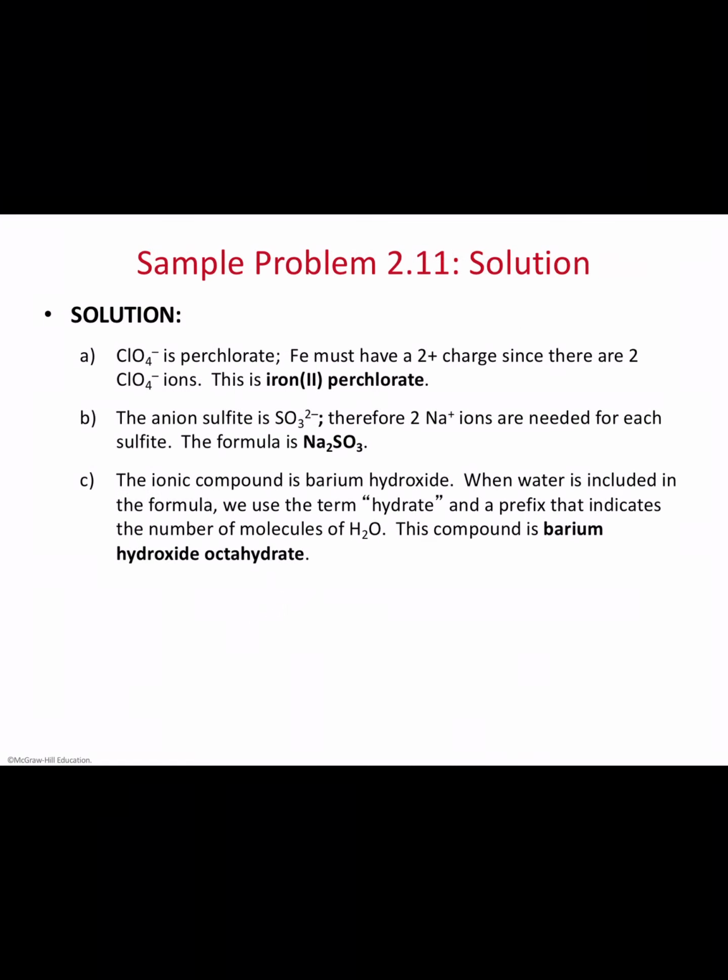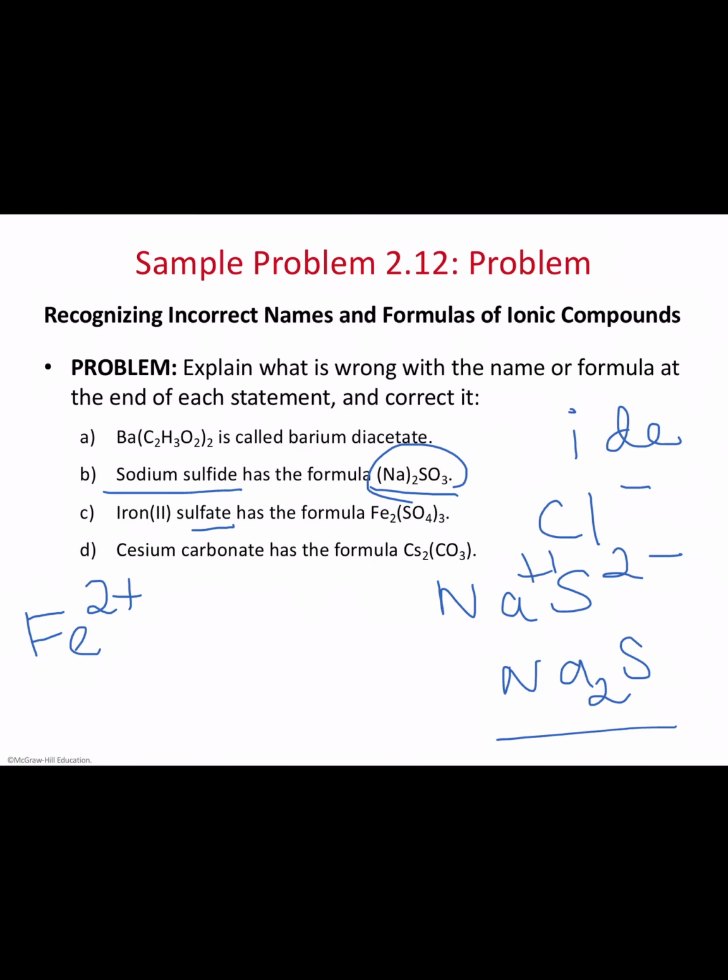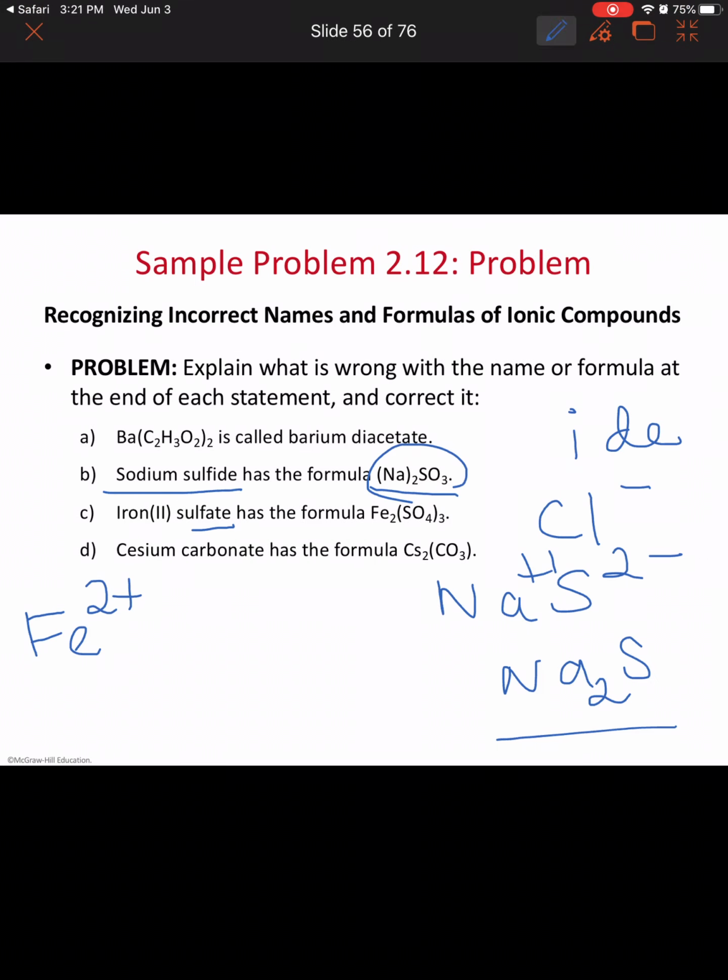So if you put together Fe2 plus and SO4 2 minus, sulfate, when you crisscross the charges, it would be Fe2(SO4)2.